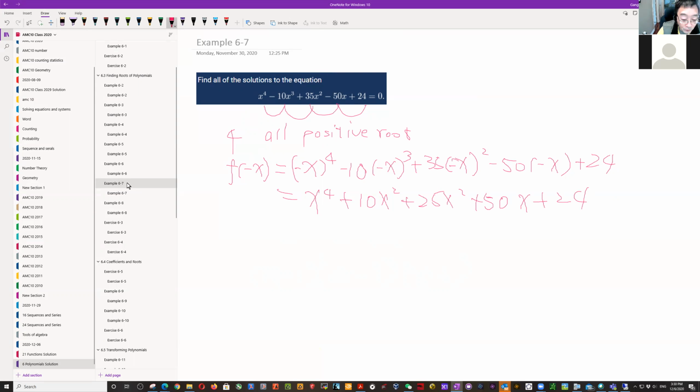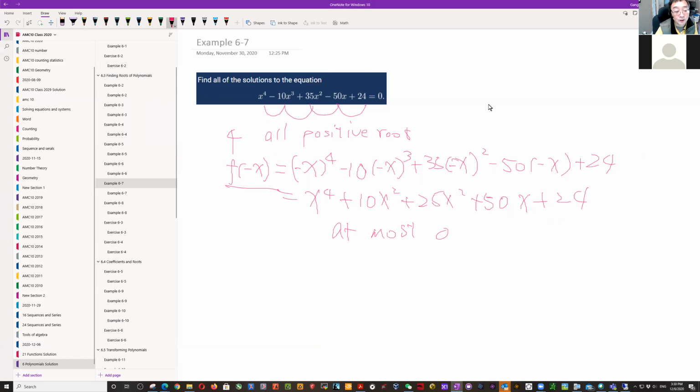And this f of negative x has no sign change. That means f of negative x has at most 0 negative solutions.